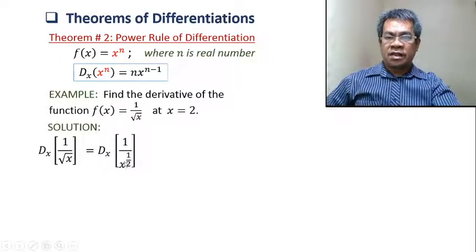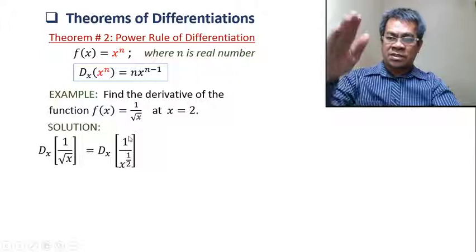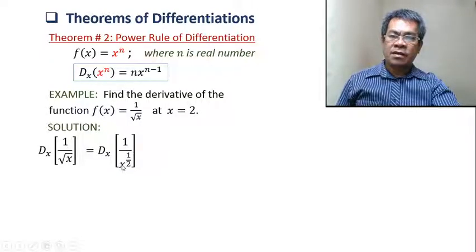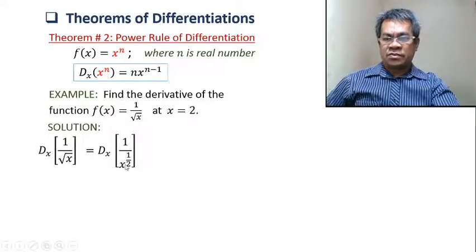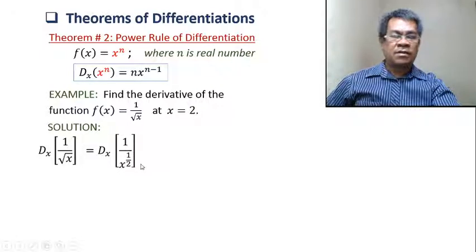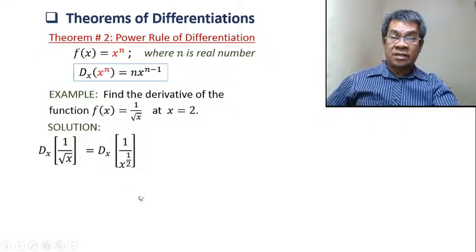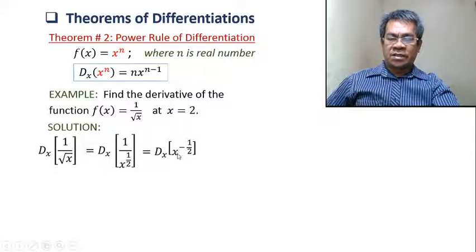Okay? Now, take note the lower exponent, we can place it upward in the numerator side. So if we transfer this to the numerator, the exponent becomes negative using the law of exponents. Okay, so this will become x raised to negative 1/2. So notice now that this is x, the variable x.